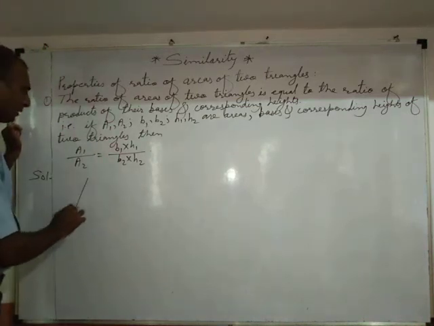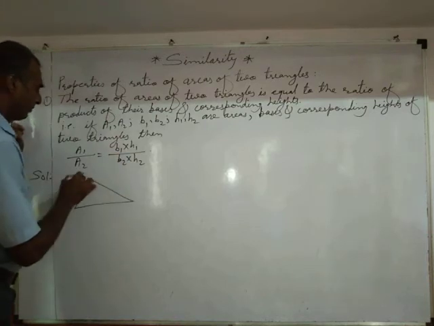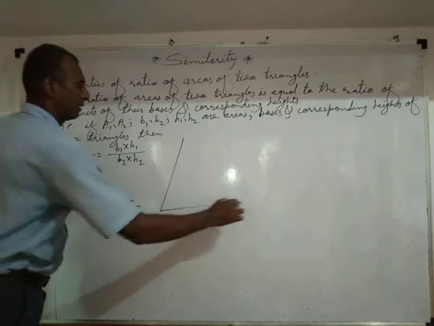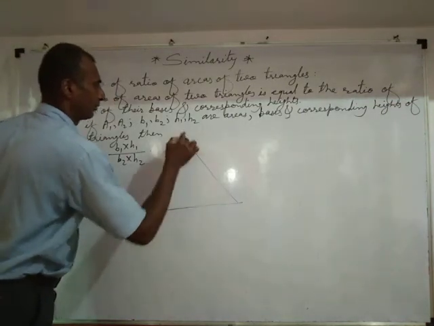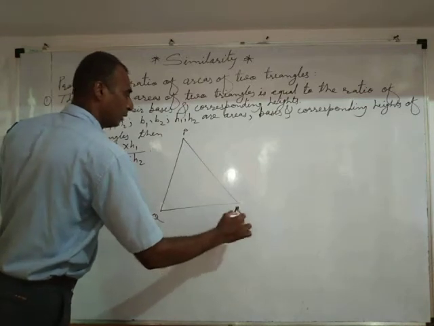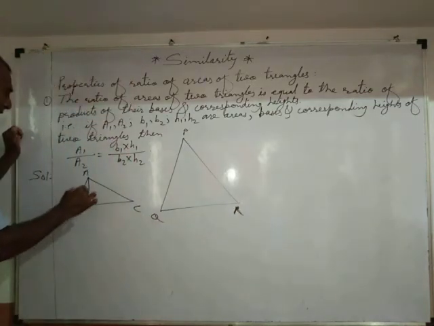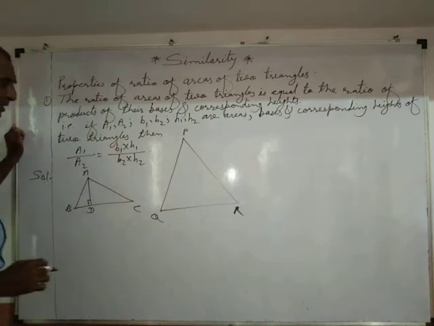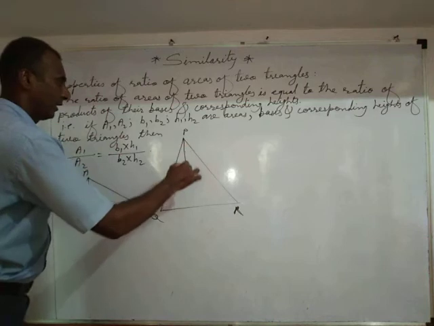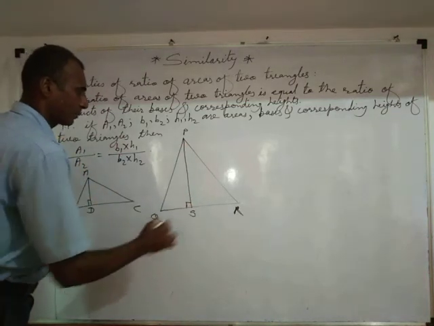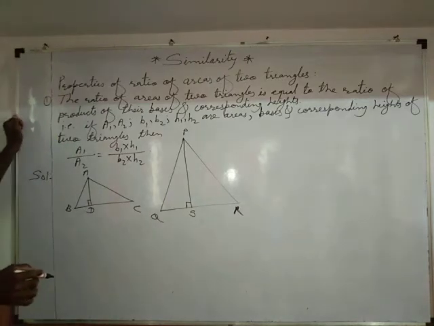Let us consider triangle ABC and a triangle PQR. Now, in triangle ABC, let seg AD perpendicular side BC. Similarly, in triangle PQR, seg PS perpendicular side QR.